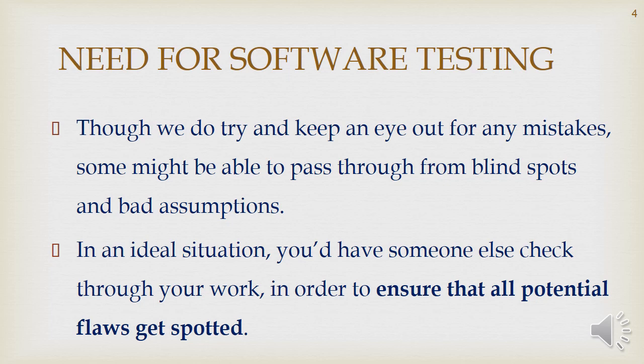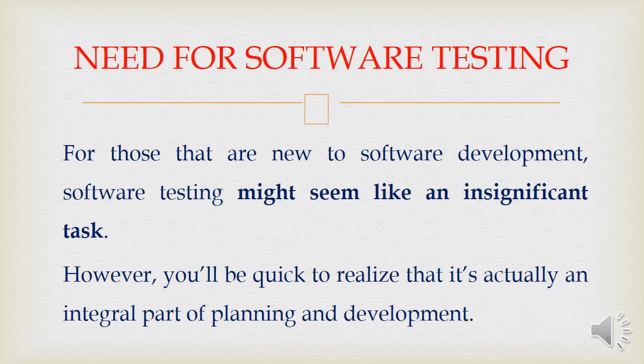So in the ideal situation, you'll have someone else check through your work to ensure that all potential flaws get spotted. For those new to the software environment, software testing might seem like an insignificant task. Why do this? But they'll quickly realize it's an integral part of planning and development.